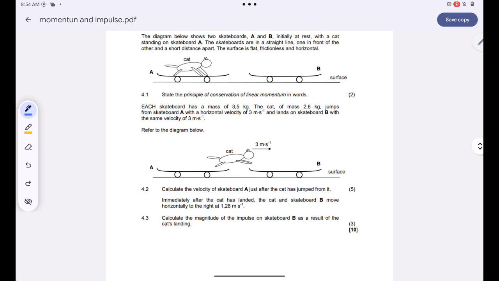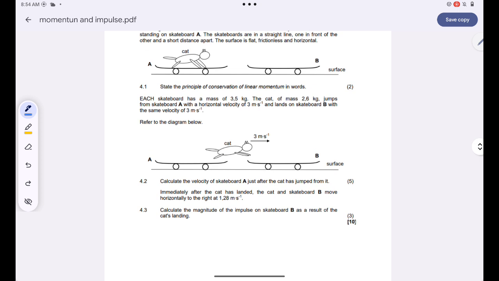Okay, we are told that each skateboard has a mass of 3.5 kg. The cat has a mass of 2.6 kilograms. The cat jumps from skateboard A with a horizontal velocity of 3 meters per second and lands on skateboard B with the same velocity of 3 meters per second.